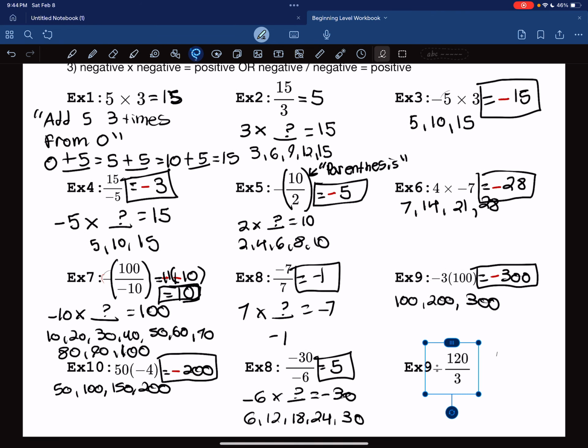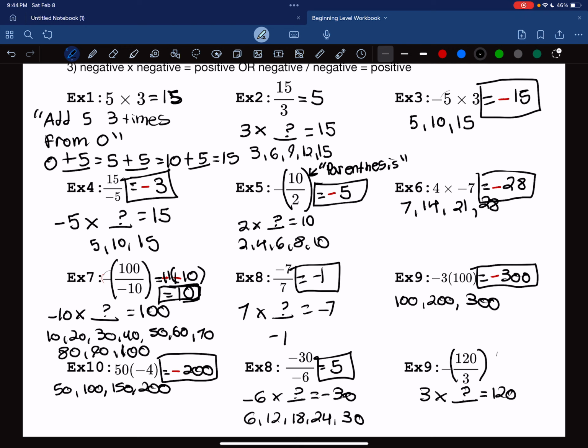And looking at our last example, we have negative 120 divided by 3. In other words, let's draw out these parentheses first. So in other words, this is asking us 3 times what number will get you 120 as your answer.